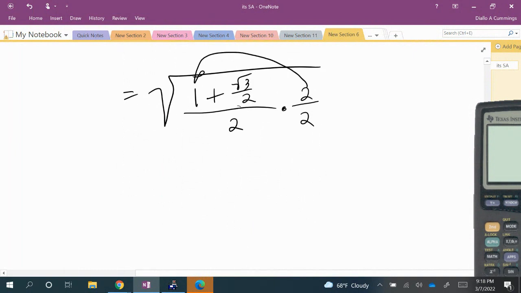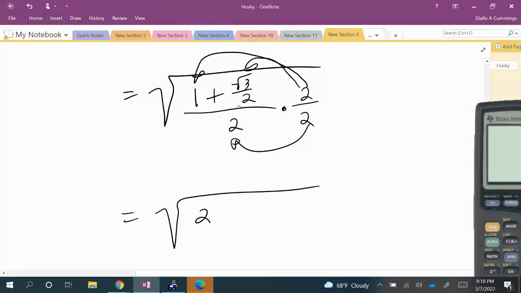All right, so I'm going to distribute 2. I'm still in the square root, so 1 times 2 is 2. If I multiply 2 times the square root of 3 over 2, the 2's cancel, so I have plus the square root of 3. Right, 2 times 2 is 4.